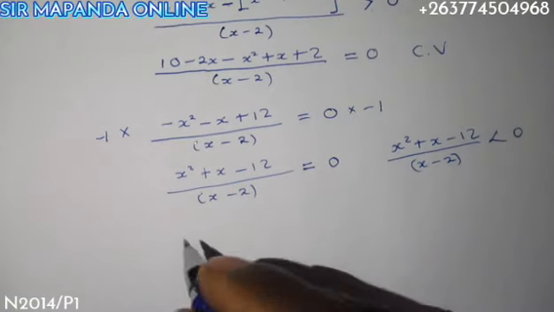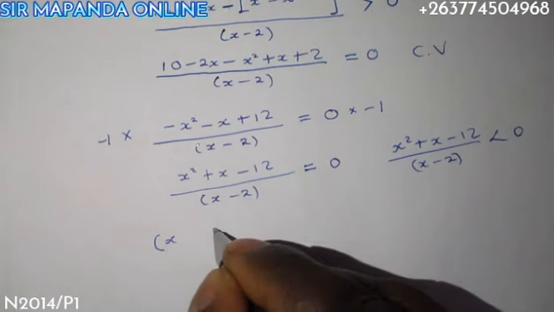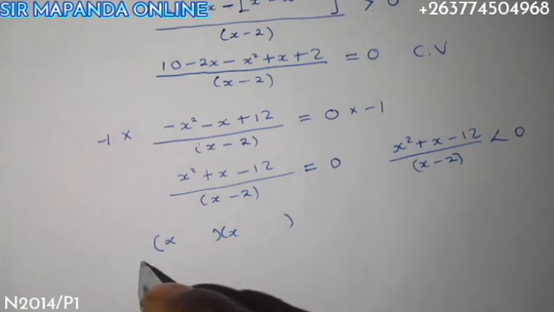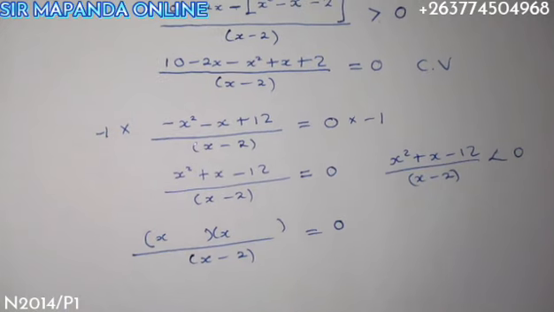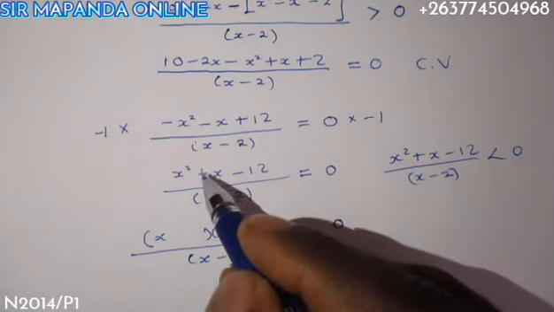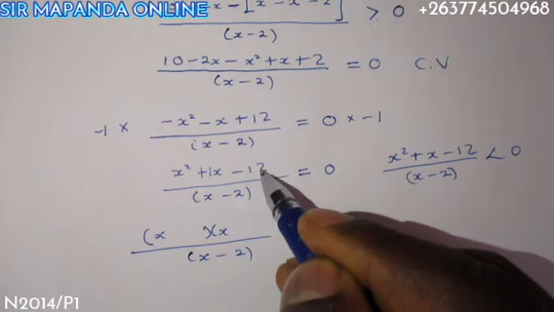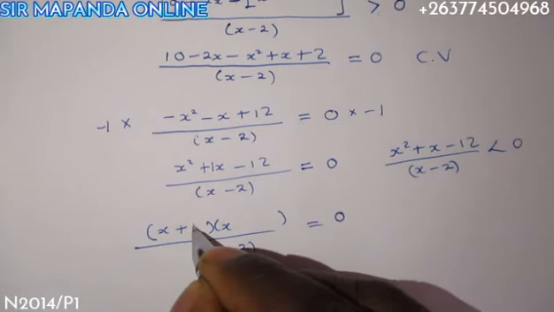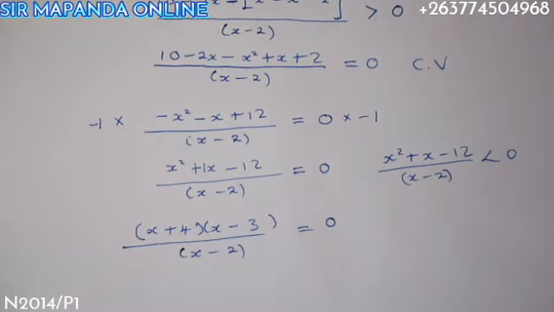Right. So if we factorize our numerator, you put x here, then you put x there, then you have x minus 2 is equal to 0. Right. We want to find the two factors of -12 which give you a sum or a difference of 1 and a product of -12. And those factors we have +4 and -3. Right. So those three brackets on your left side are going to assist you to identify your critical values.